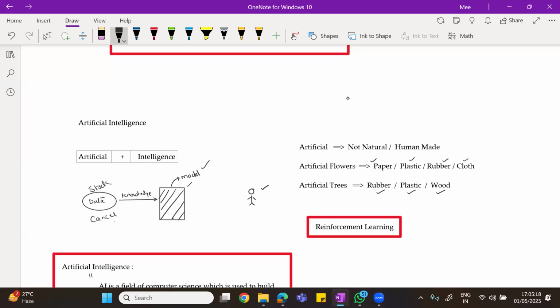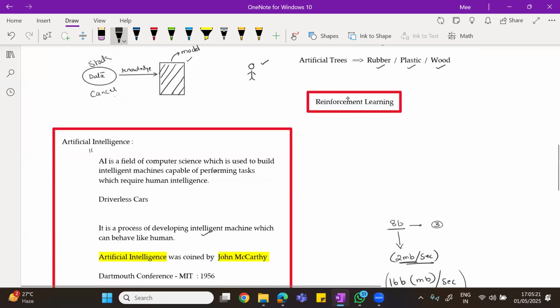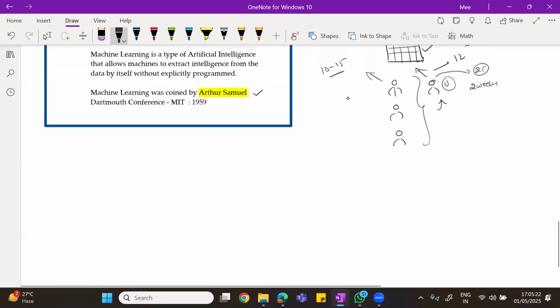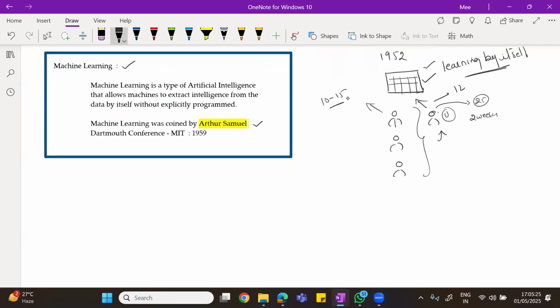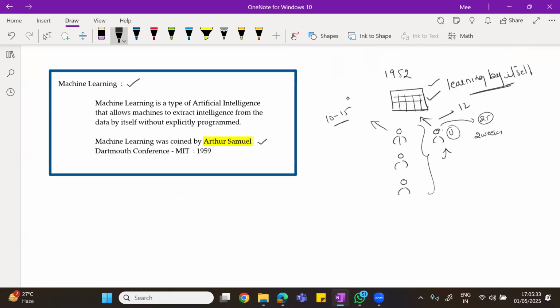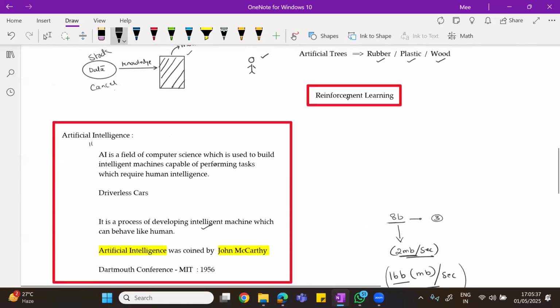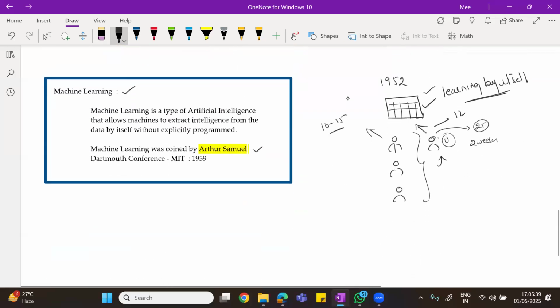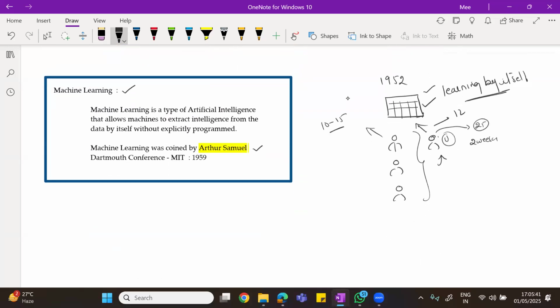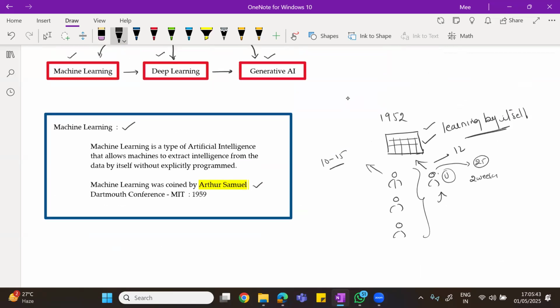No way. This is what is called machine learning. Now, again, deep learning we need because that is our core concept.